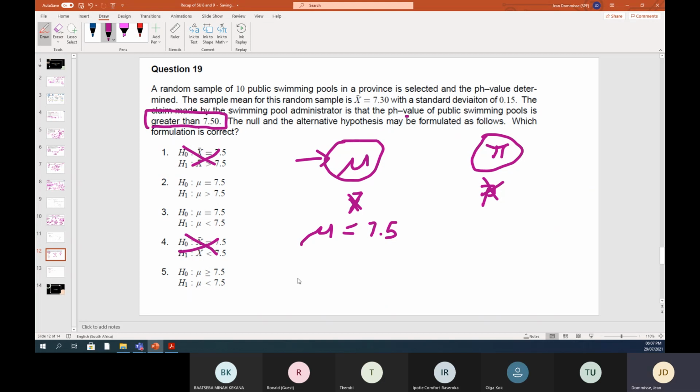The alternative, they say it must be greater than. So there they tell us greater than. Okay, so the only one left was that one. So again, we nearly eliminate two of our options, so there are 3 left. Let's see what else is available, and then we select it. Okay, so that was it.